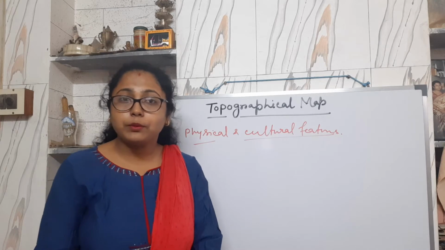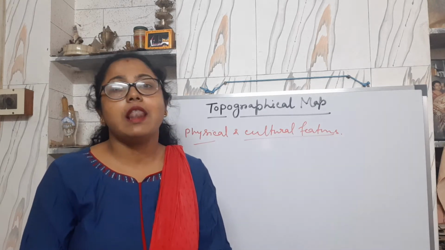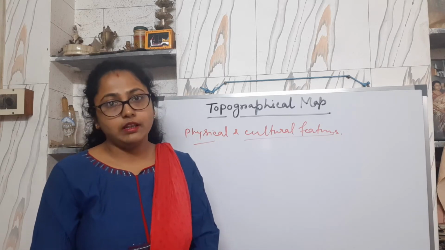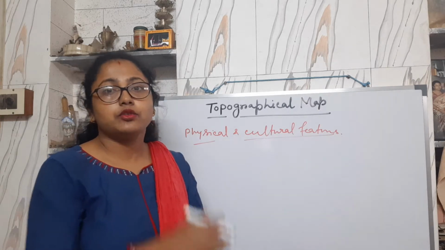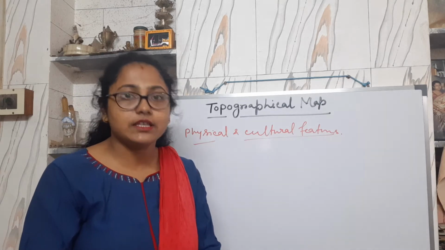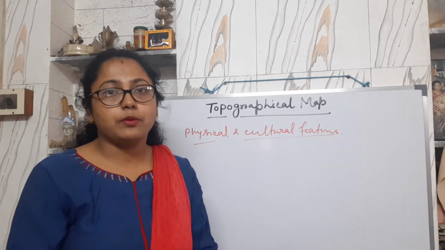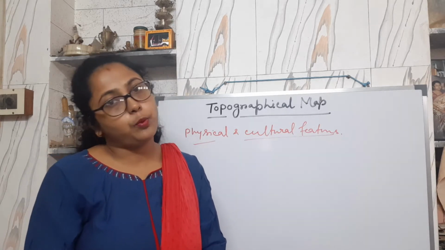Now, what is the importance of a topo map? A topo map can represent the three-dimensional landscape on the two-dimensional paper. So it can represent the three-dimensional features which exist in nature or on the ground, and they are represented two-dimensionally on the topo map.